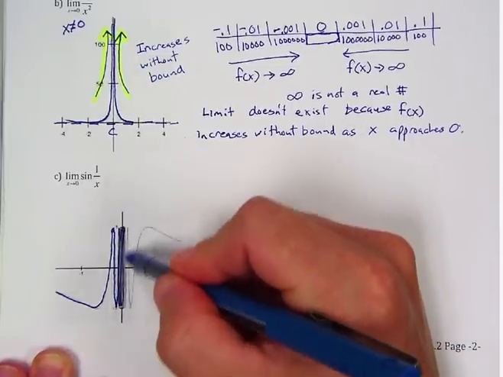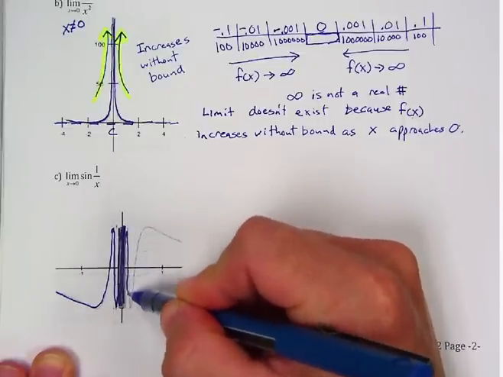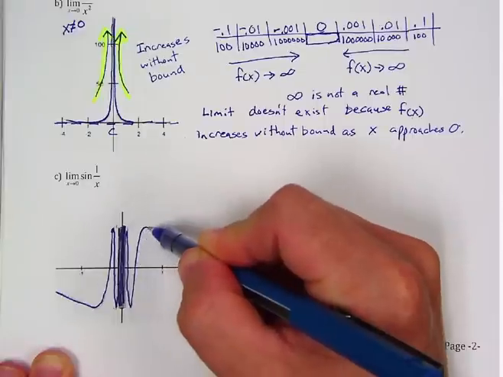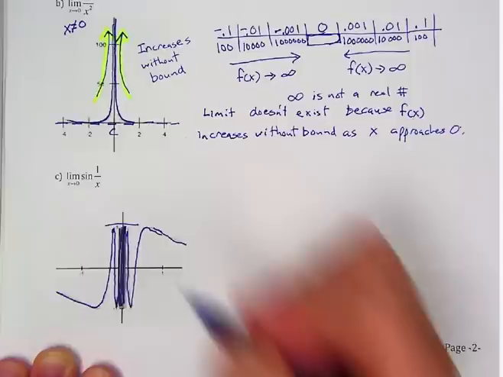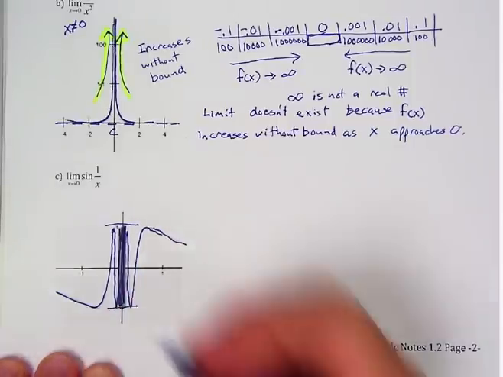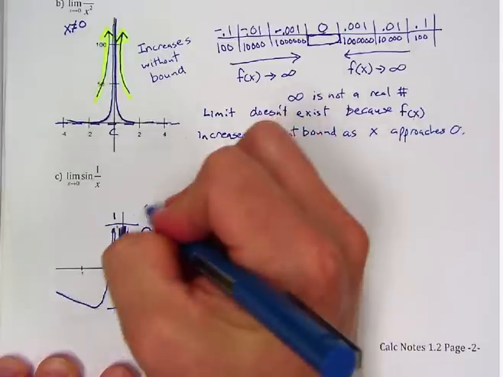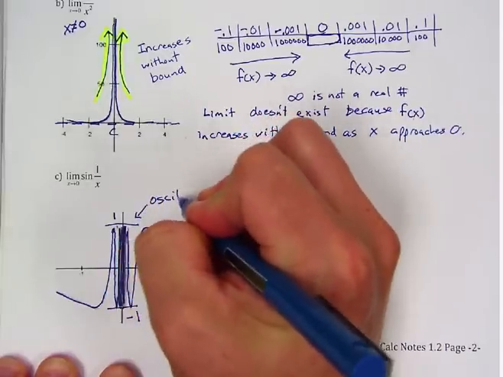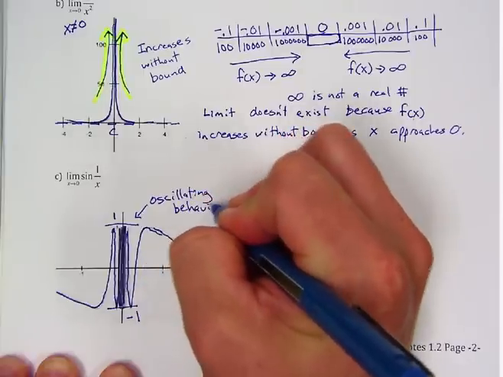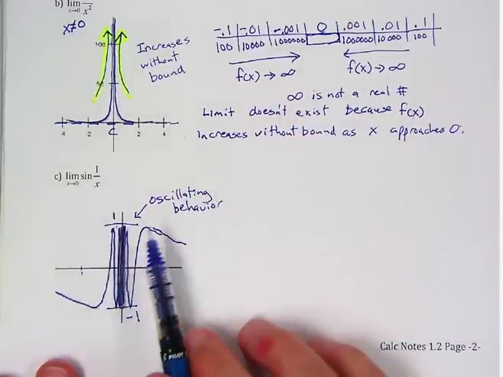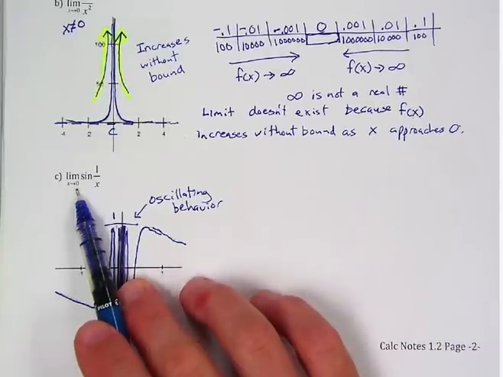And then as it gets a little bit past 0, the same thing happens until it starts to level out and keeps on going. So we have this oscillating behavior between 1 and -1. And that is going to make the limit not exist as x approaches 0.